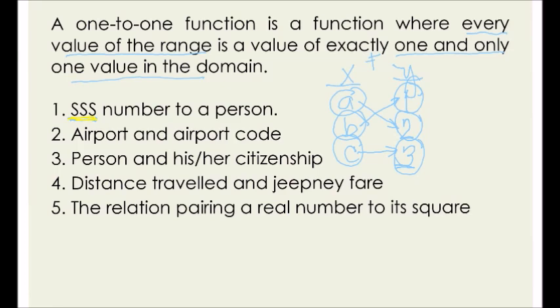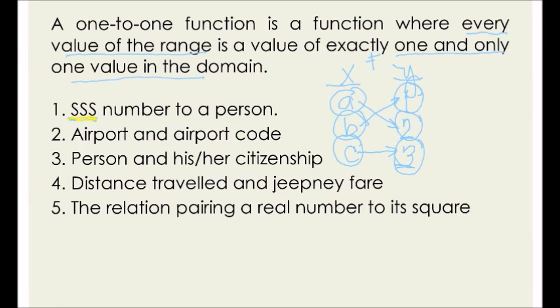Next, we have here airport and airport code. So if you're going to look at the examples on your notes, for Ninoy Aquino International Airport you have MNL. For Mactan Cebu International Airport, you have CEB. For Clark, you have CRK. Now in Baguio, we also have our own airport code because we have Loakan Airport, correct?